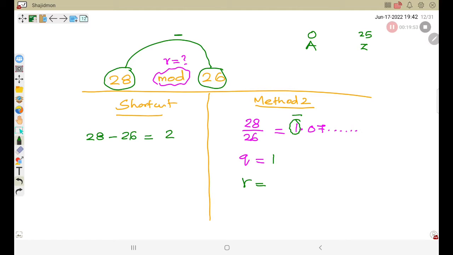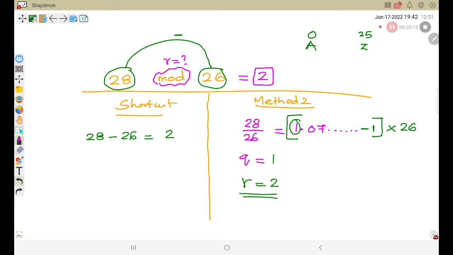How can we calculate the remainder? The quotient 1, with opposite sign -1, multiplied by the divisor 26, gives the same answer: remainder equal to 2.